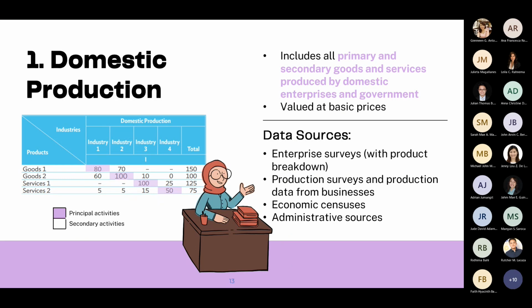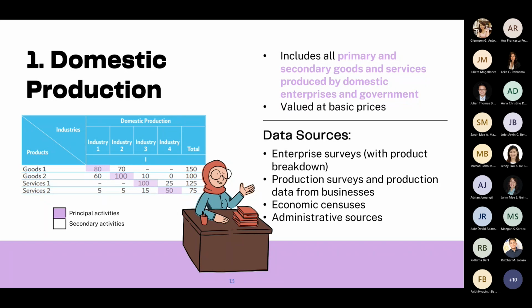We can also refer to economic censuses and additional information such as administrative sources, possibly even tax records, company accounts, and in many cases, if there is a lack of information, we might need to use reasonable assumptions about products that are produced in the industry as secondary production.